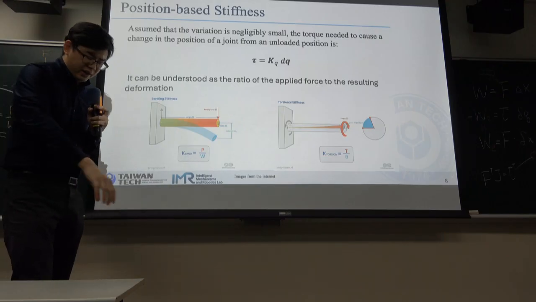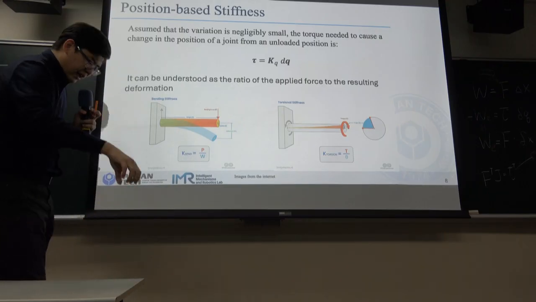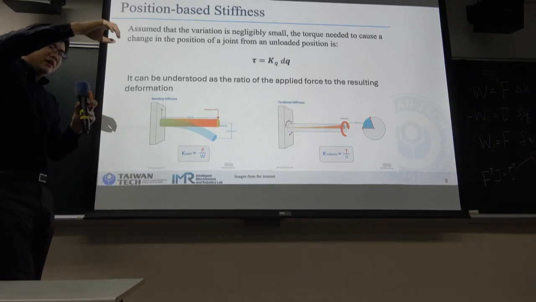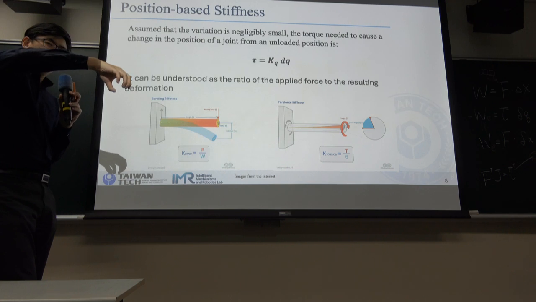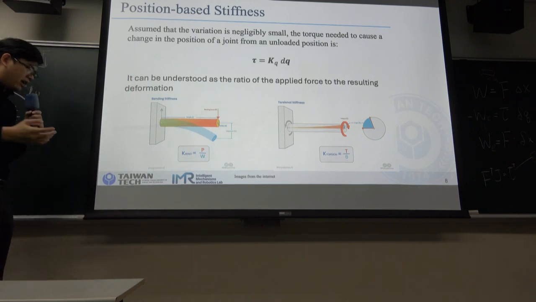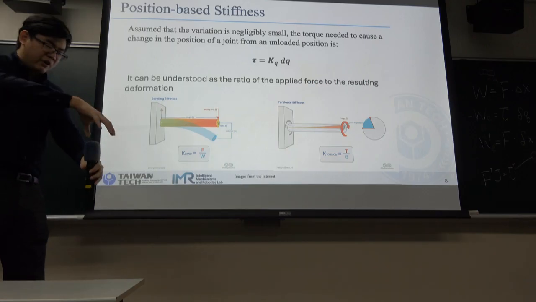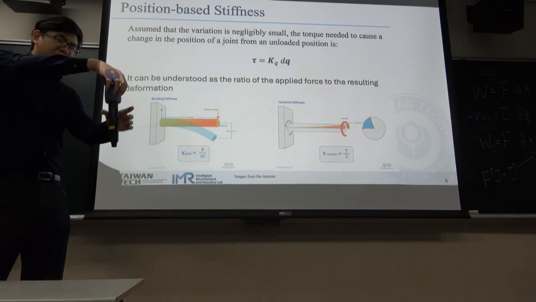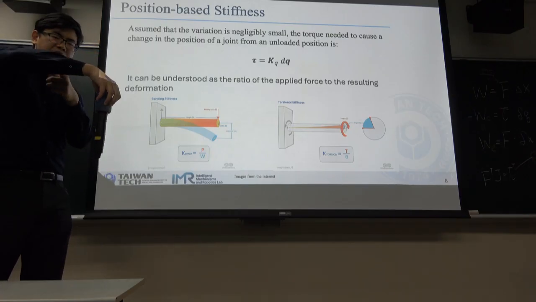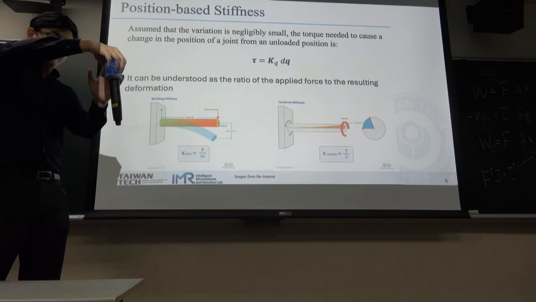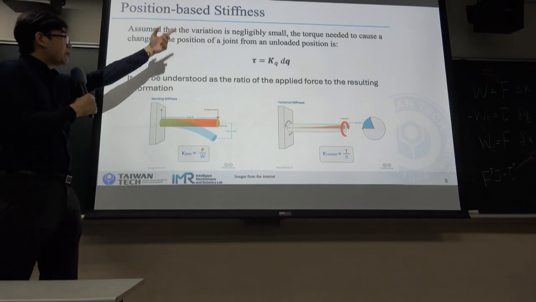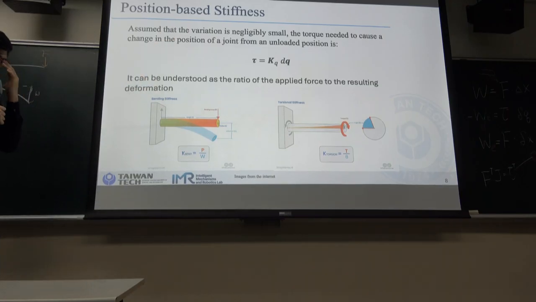So if the robot is holding a very heavy object, then the deformation will be very, very small. Or else, if the stiffness of the robot is not enough, when you are grasping an object, the robot will be deformed. So that's why we need to calculate the stiffness of the robot.